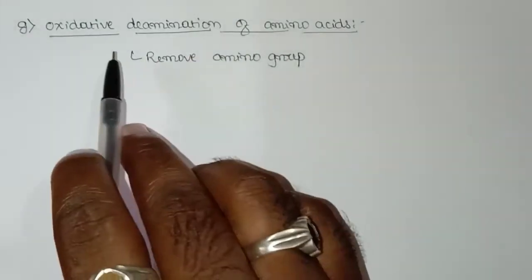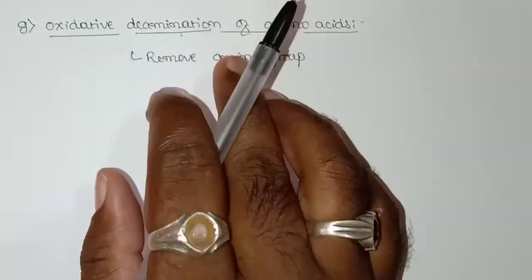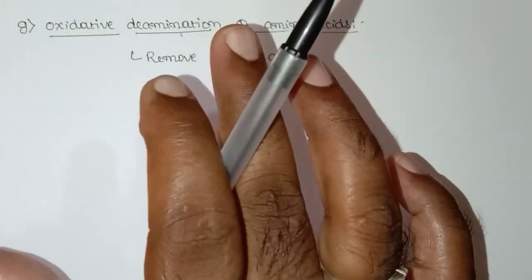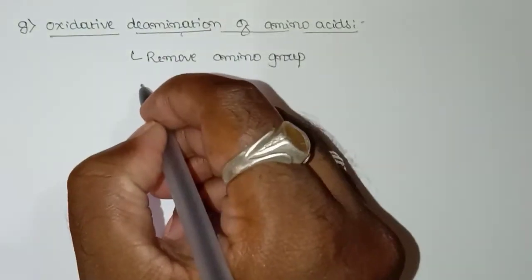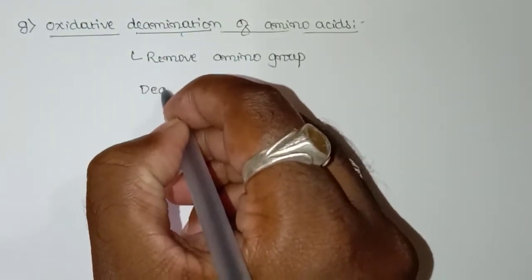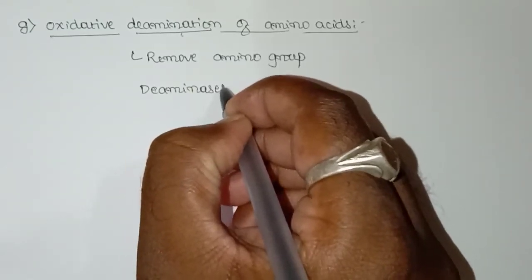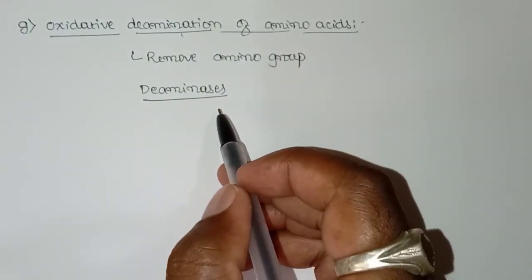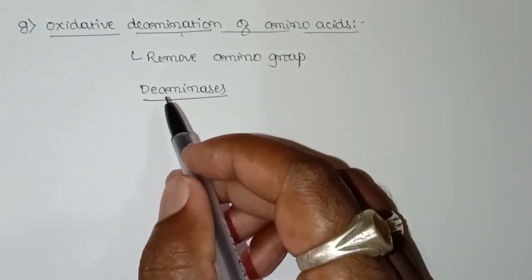Do remember, in order to perform the oxidative deamination of an amino acid, we need to use a particular class of enzymes simply called deaminases. These are the enzymes that can be used for performing oxidative deamination.